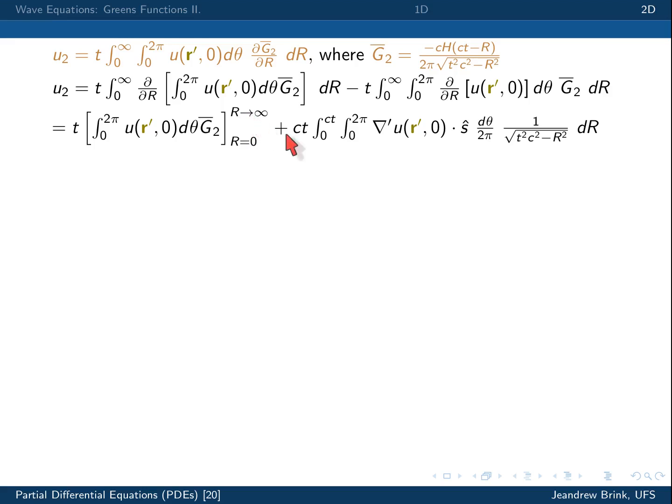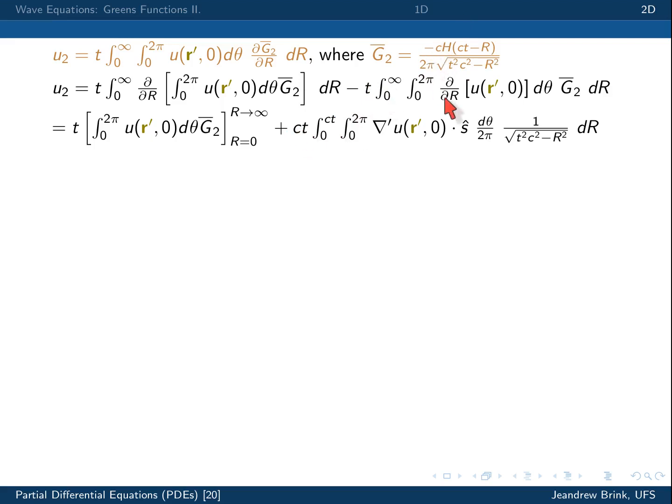And in the second term, I've substituted in the definition of G2. To see how that works, the step function basically limits the domain of integration to the cone. So r only goes to ct. Okay, so that gets rid of the step function. The minus c I've put in front here, so it's minus t minus minus c, so we have the ct.